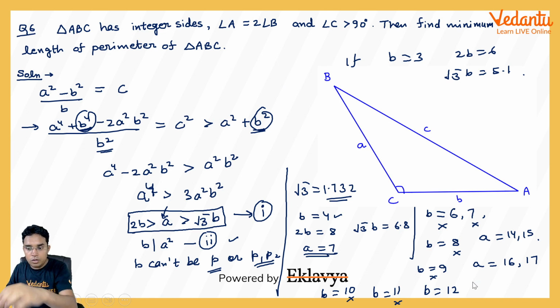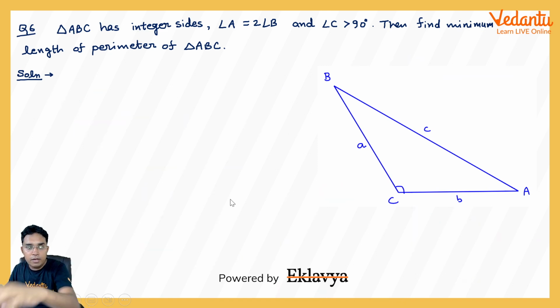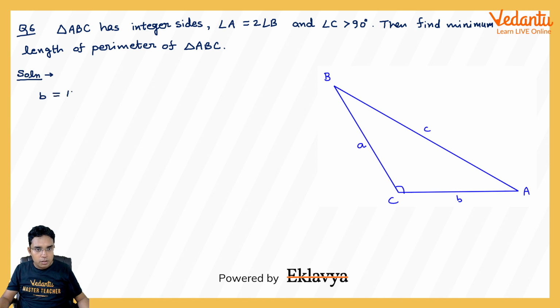So far we have gone till b equal to 11. Now if I take b equal to 12, our condition was a will be greater than root 3b, but less than 2b. So 2b is 24 in this case.